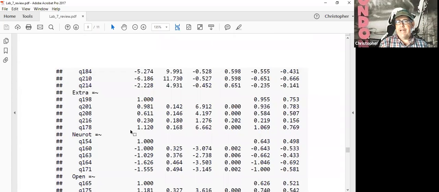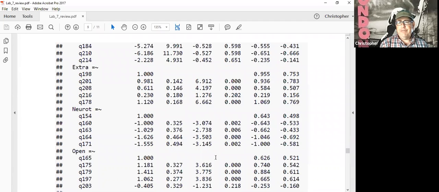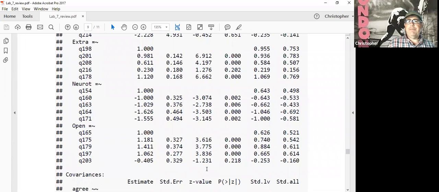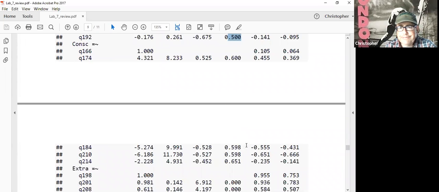And you see extroversion's doing okay. Neuroticism, those items seem to be related. Openness seems to be doing okay. But one of the things that this is telling us is that maybe this conscientiousness factor, maybe we need to rethink how that's being measured, because they're not even significant here, which is quite bizarre.